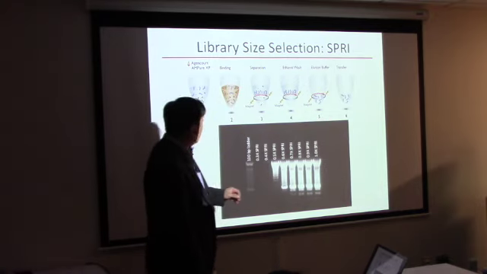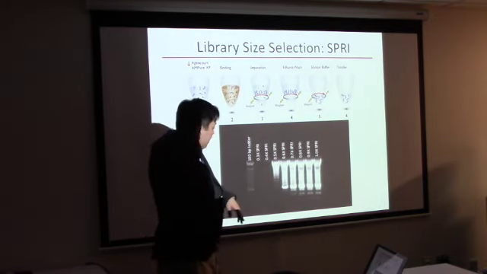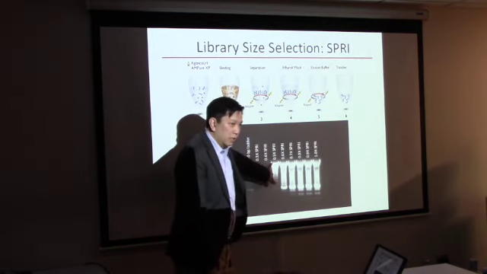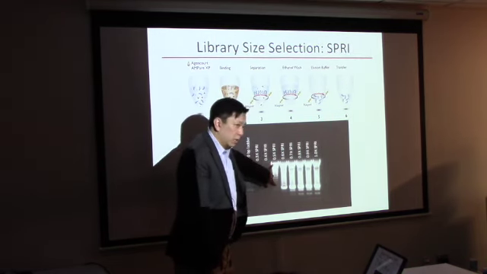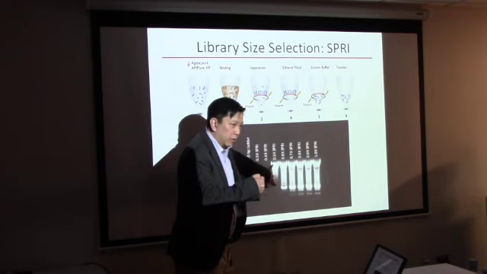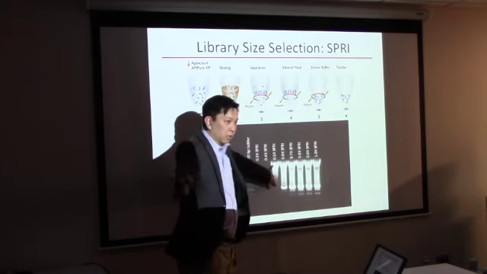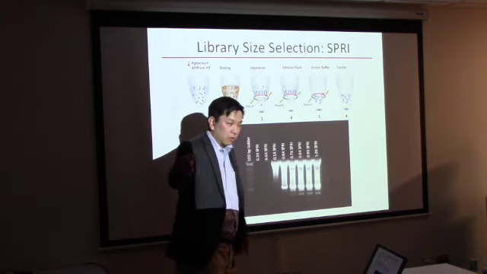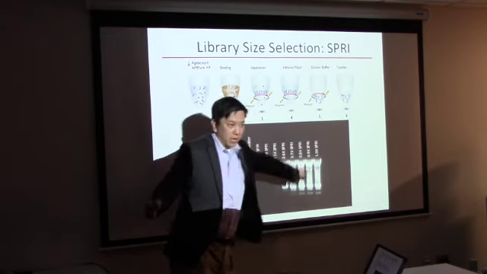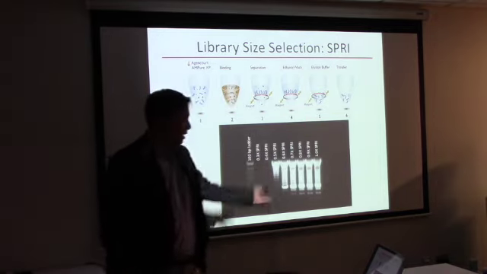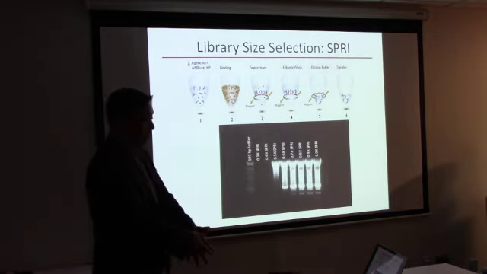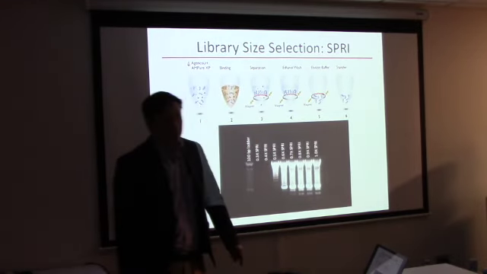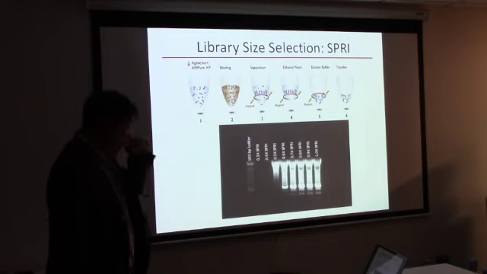A common technique we use in the lab is called double SPRI. You would put 0.5x in, the high molecular weight stuff sticks to the bead, and the supernatant has the low molecular weight stuff. You take that and put it in a different tube, and you get rid of the high molecular weight stuff. Then you take that supernatant and add 1.0x or 1.8x. I think it's 1.8 is what they usually do. Now you've gotten rid of the top stuff, but you still bind the bottom stuff and purify that away from primers.